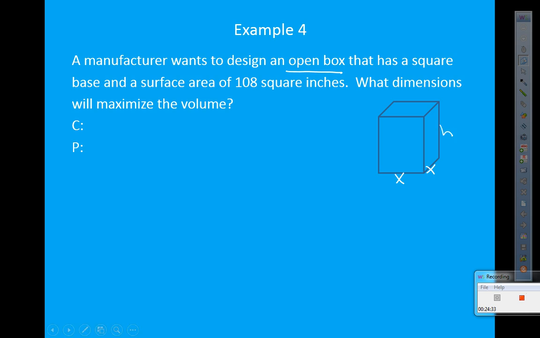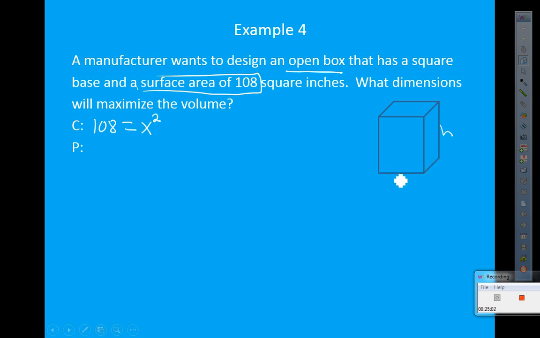Now let's check out what we got. An open box that has a square base and a surface area of 108. The 108 this time is my constraint equation. So I'm going to go 108 equal. Now you got to go get the surface area of that box. So keep in mind it's open. So I've got the area of the base once again, which is x squared.